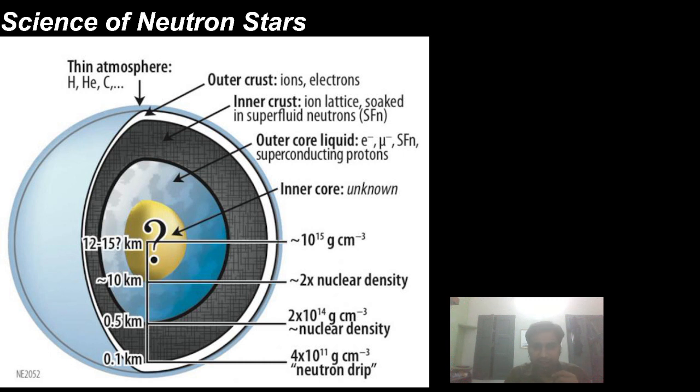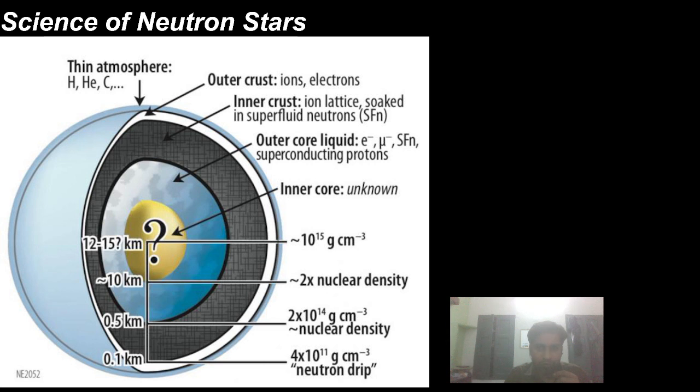Means in this inner crust there is a dominance of neutrons, and these neutrons are soaked in an iron lattice. So the uppermost layer is called the thin atmosphere around the neutron star, then the outer crust, and behind this layer is the inner crust.